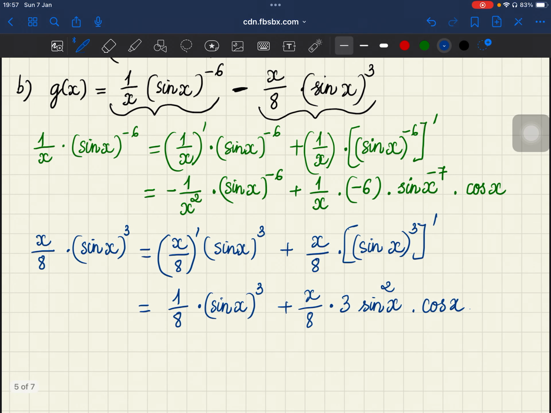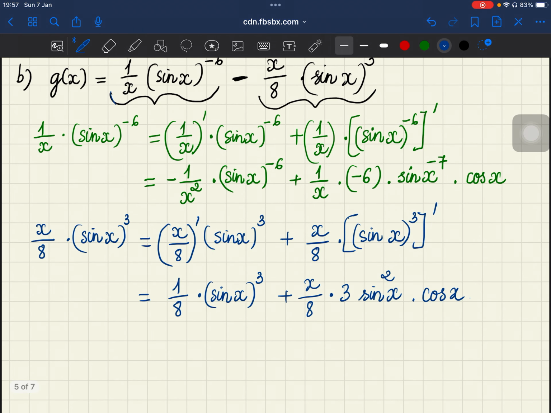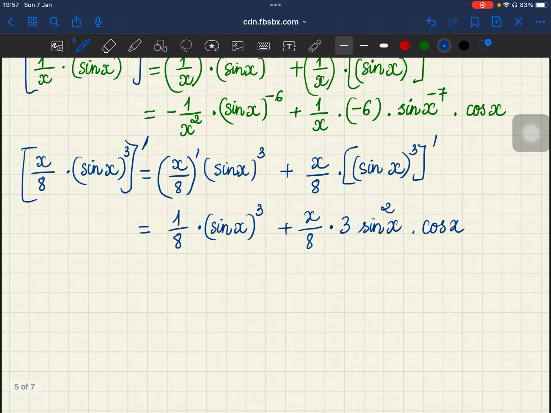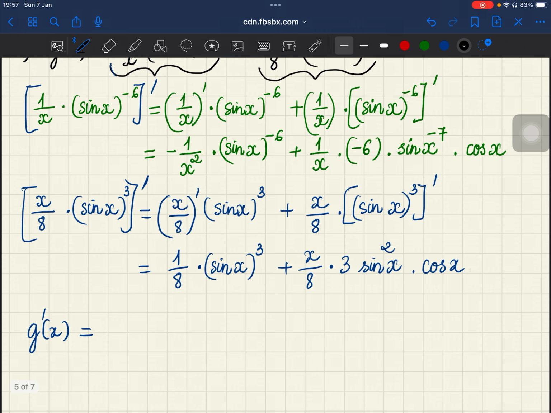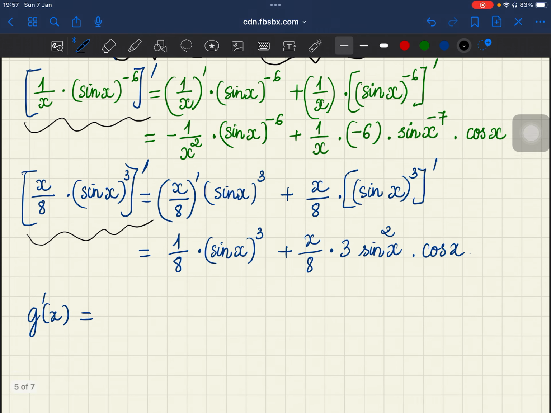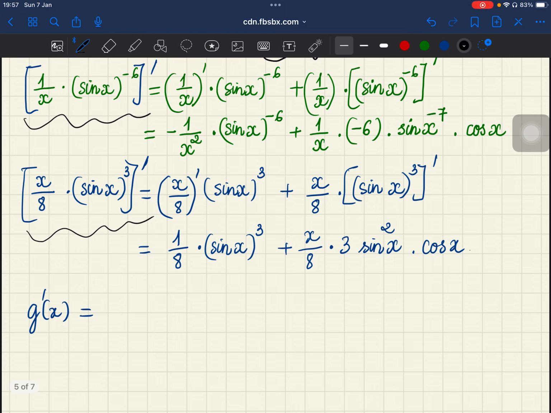So we apply the difference rule. We will have, this one should be the first derivative. So we have the first derivative of g(x) is equal to this minus this, right? So you just need to write it.